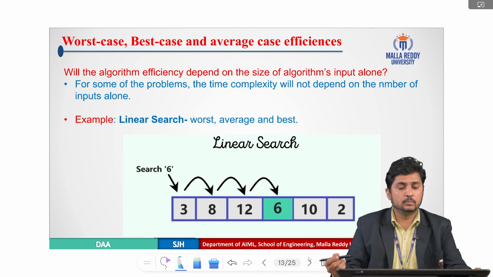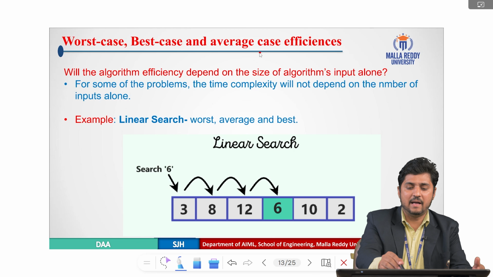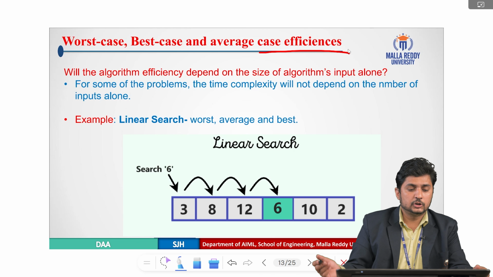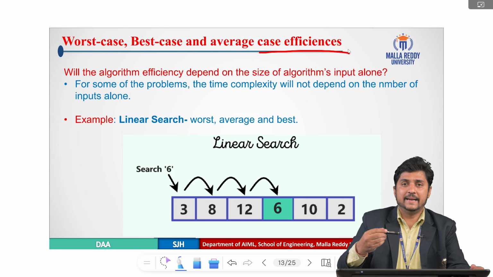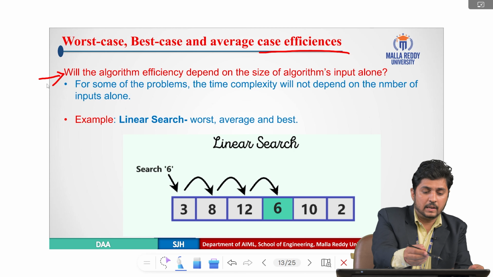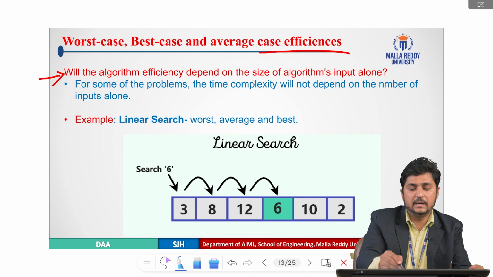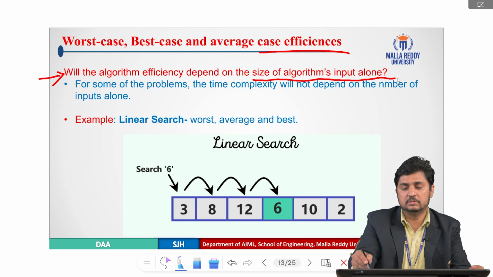So now let us move towards the next concept, understanding the basic efficiencies, that is worst case efficiency, best case efficiency, and average case efficiency. Before we start in detail, first, does the algorithm's efficiency depend on the size of the algorithm's input alone?